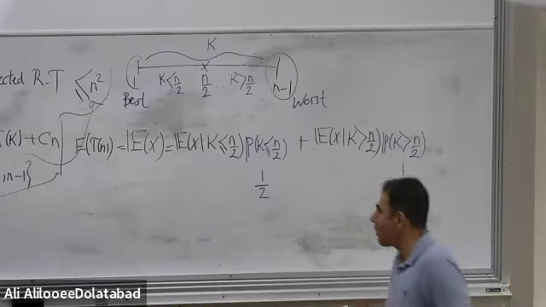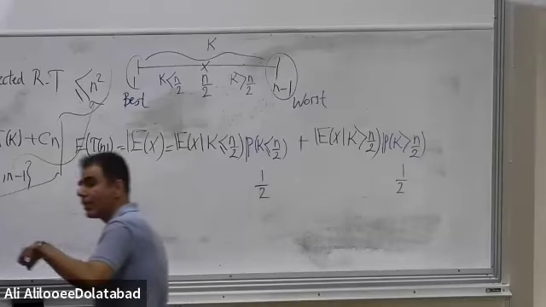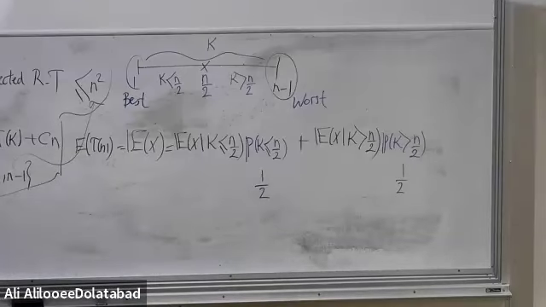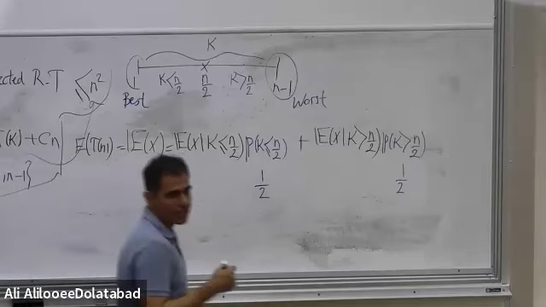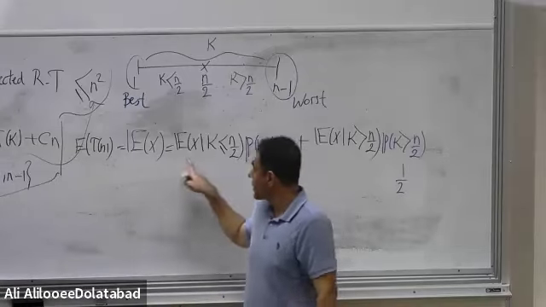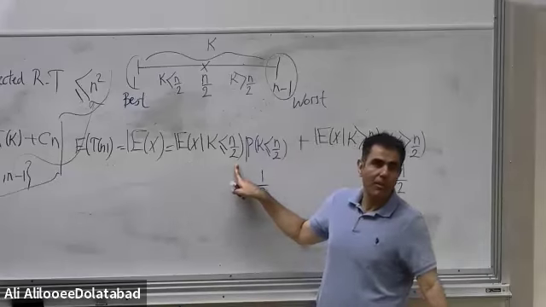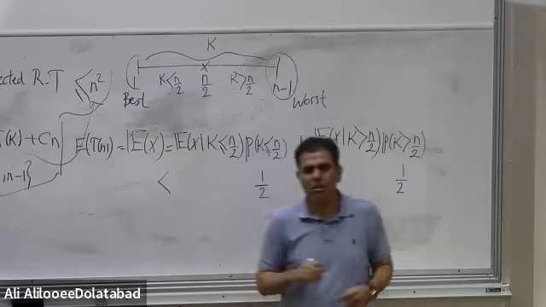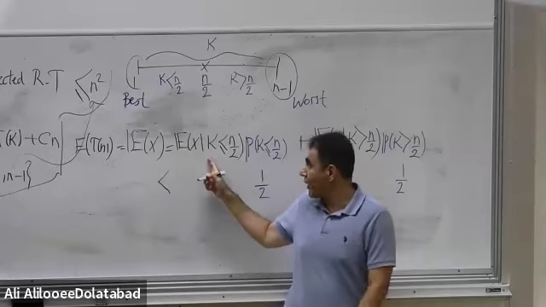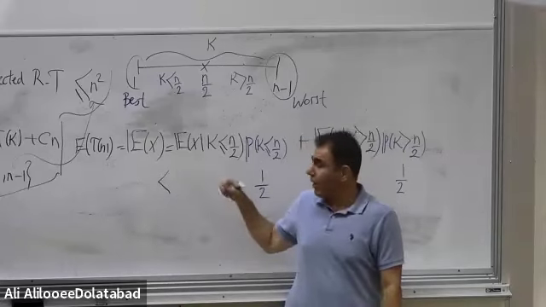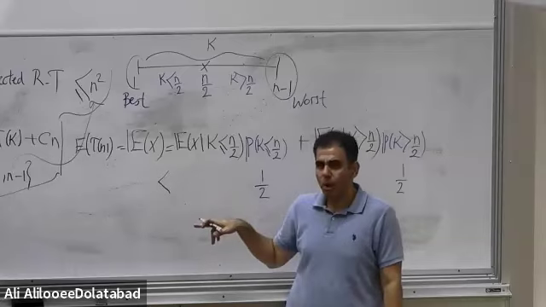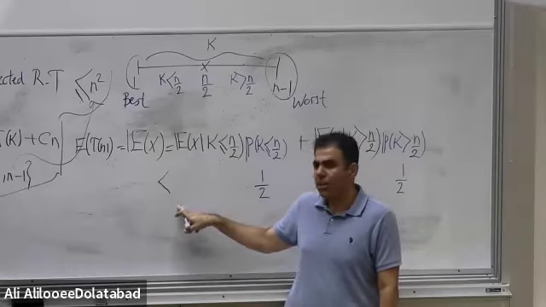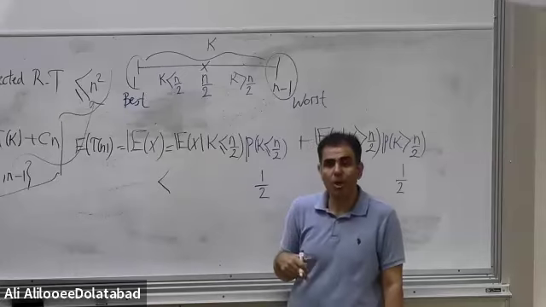Always when people cannot find equality, they try to find something unequal, bigger than or less than. Here I do not know what this expected value equals, so I will ask myself, is it less than what? I have no idea what this guy equals, but the question is, what is this guy less than?